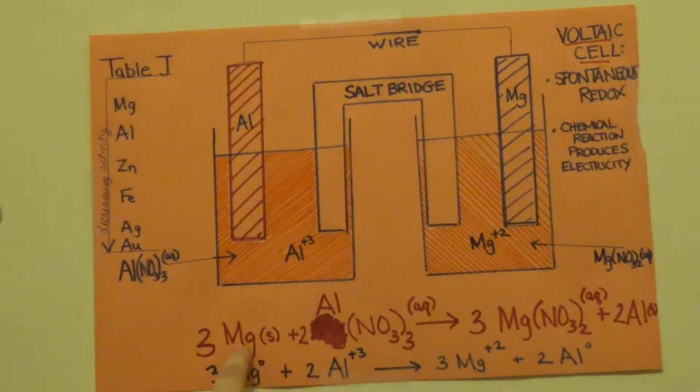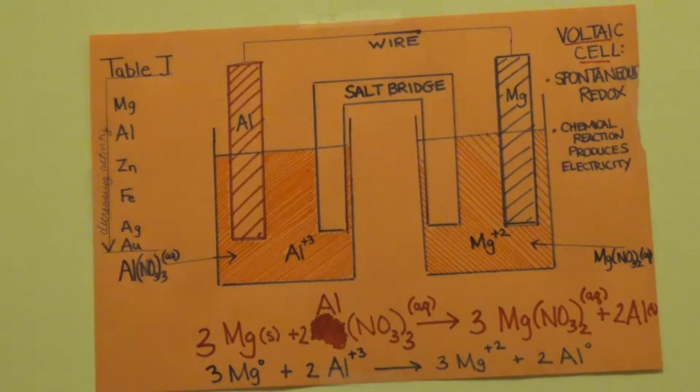If you recall, this is called a single replacement reaction, in which a free metal replaces a combined metal in a compound and causes the free metal to become a combined metal and the combined metal to become a free metal. We also have something called a net ionic equation, which eliminates anything that's not redox.